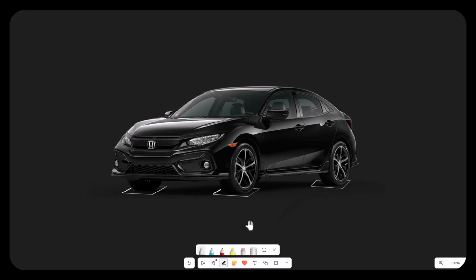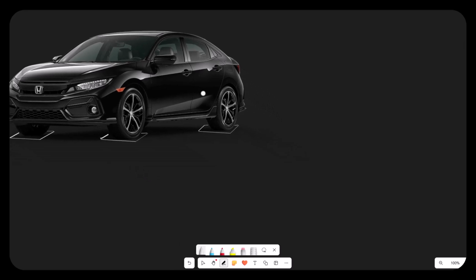So then I take my paper and I label it, like this is my front driver's side tire maybe. And what I see is that this much area is covered by my tire. So I just took a pencil and traced around it. I can find that area.